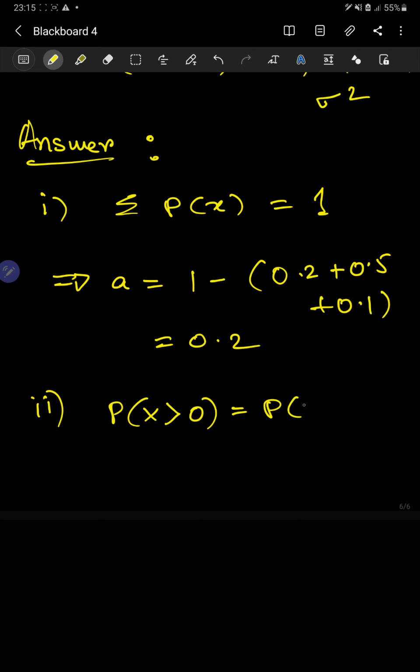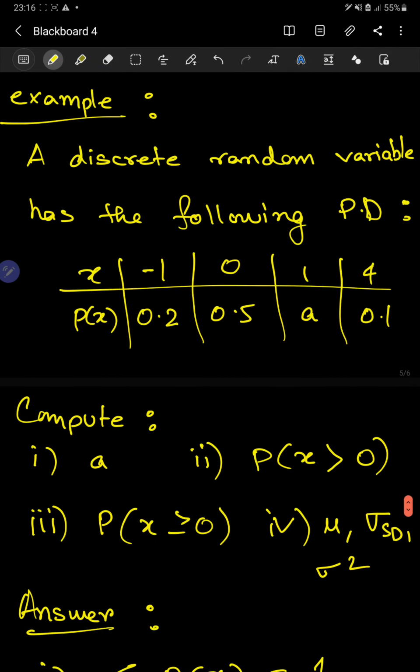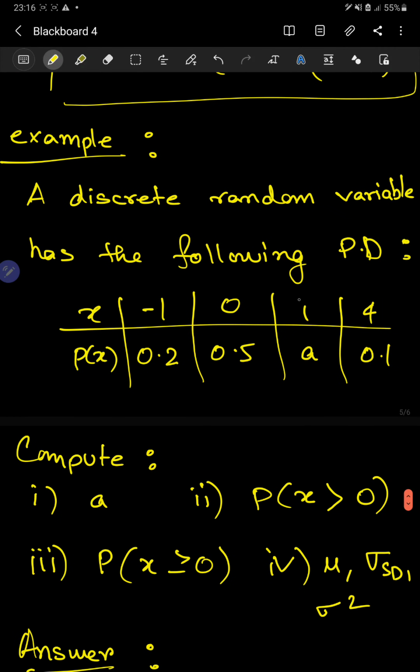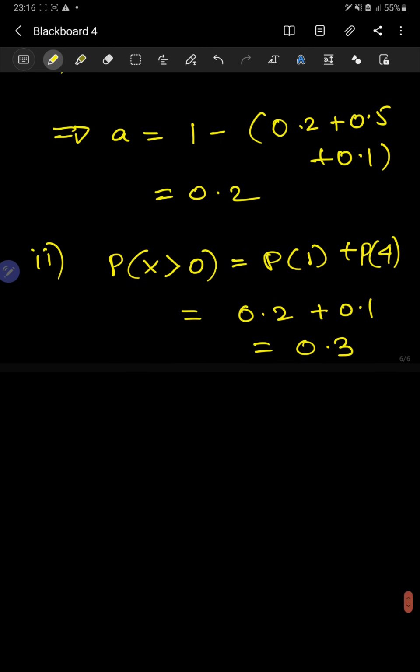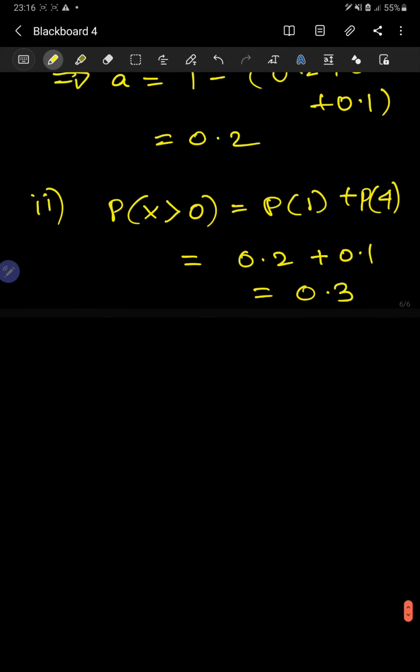It's the probability of 1 and 4, so this is 0.2 plus 0.1. The probability that x is greater than 0 is 0.3, which is 30%.